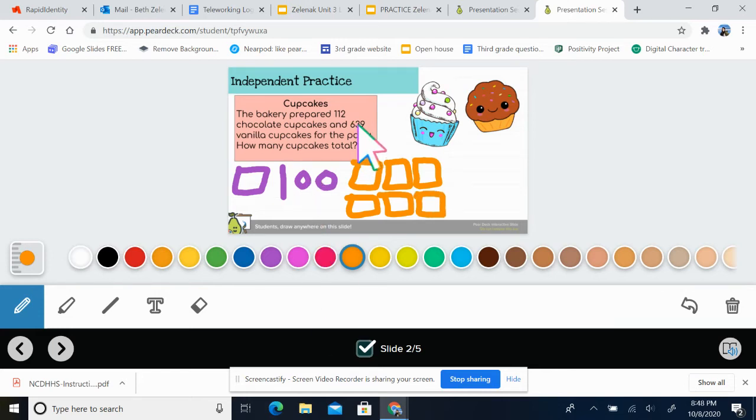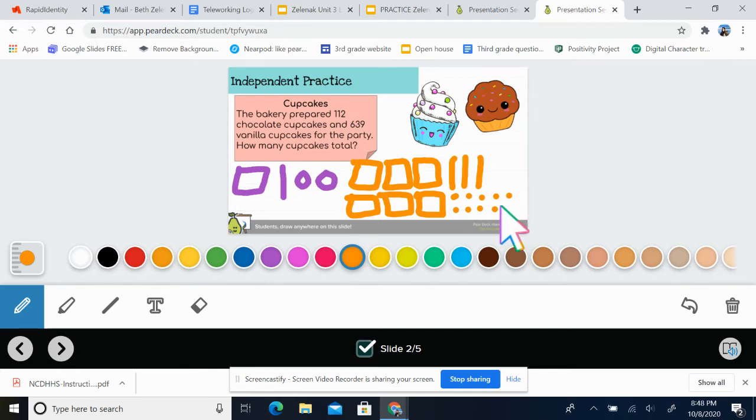I have a 3 in the tens place, which represents 30. 10, 20, 30. I have 9 ones, so I will have to draw 9 ones. 1, 2, 3, 4, 5, 6, 7, 8, 9. I always like to put my ones in sets of 5, sort of like if you're using a tens frame.